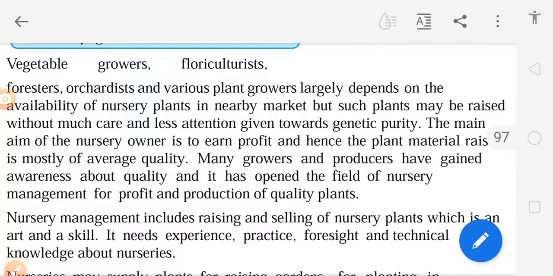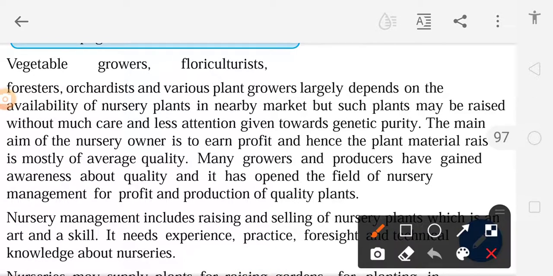So here in this case what we can see is the main aim of nursery. The main aim of nursery is to earn profit, and this earning profit with producing good quality products is important.